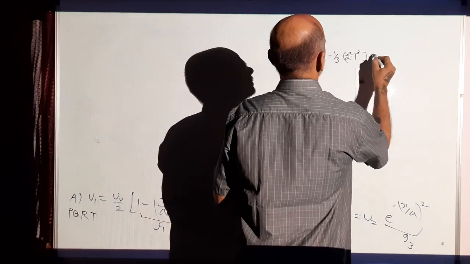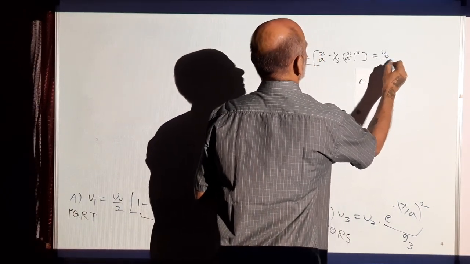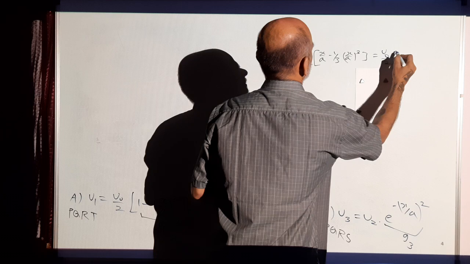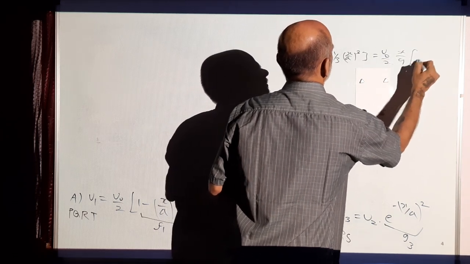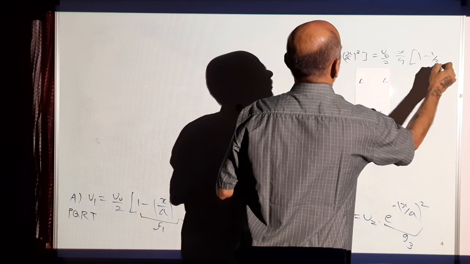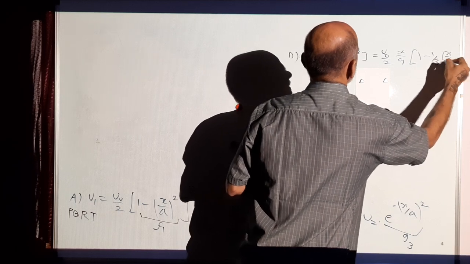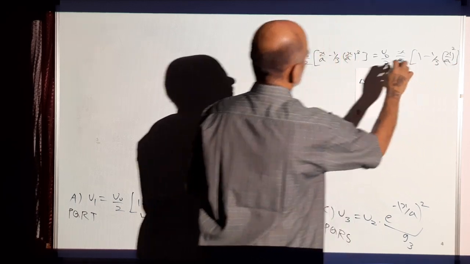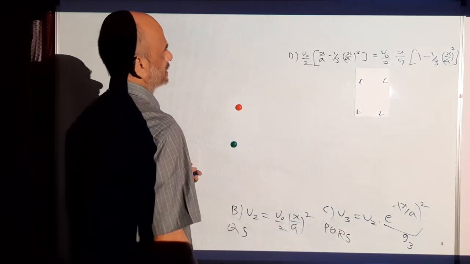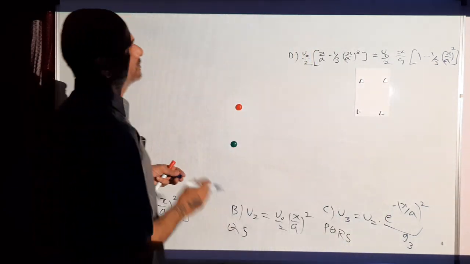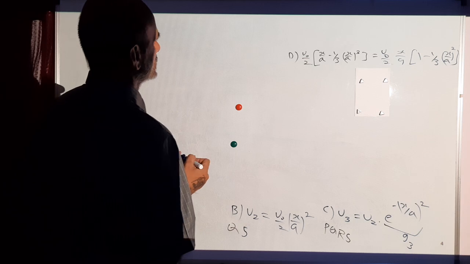So x by a can be taken out, into 1 minus 1/3 x by a, whole square. So three roots of this one. One root is x equal to 0. Another one is x equal to plus or minus root 3 a.